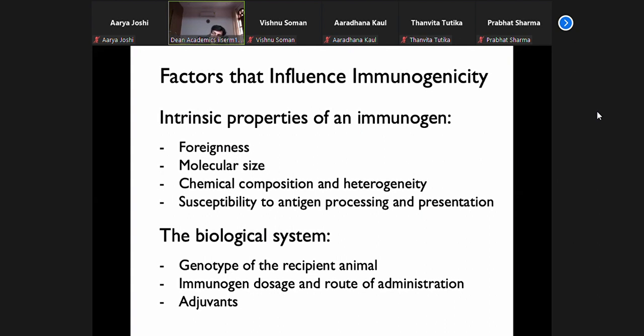But if you can specifically target it to, for example, M cells, which are present in your gut, you can make an immune response. Many viruses, for example poliovirus, are usually processed through M cells, and eventually you can generate a good response even against oral administration of this vaccine. But these things have to be optimized.